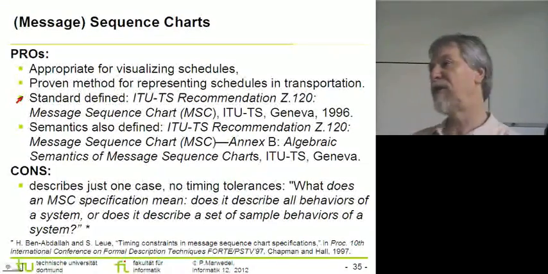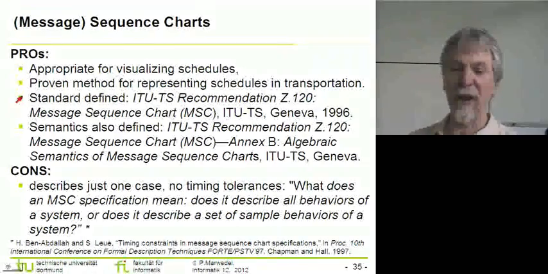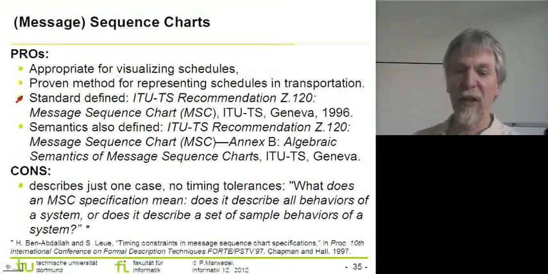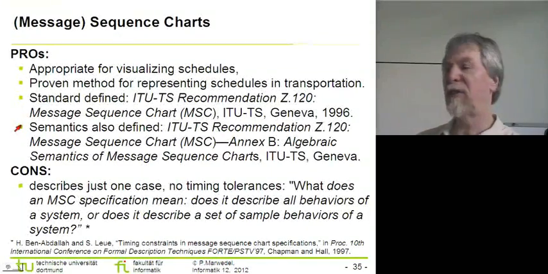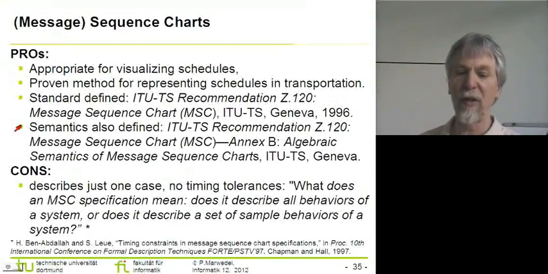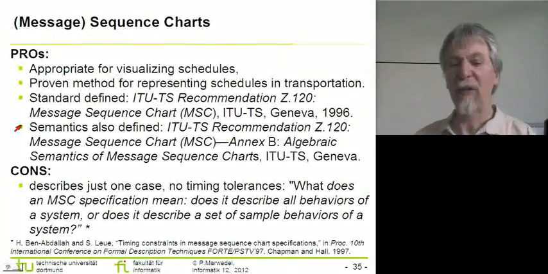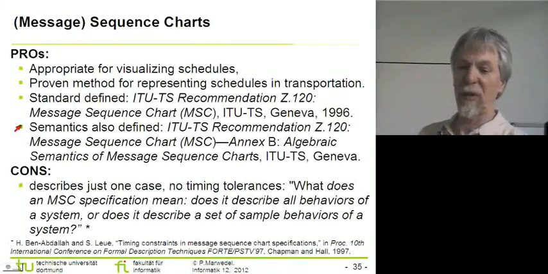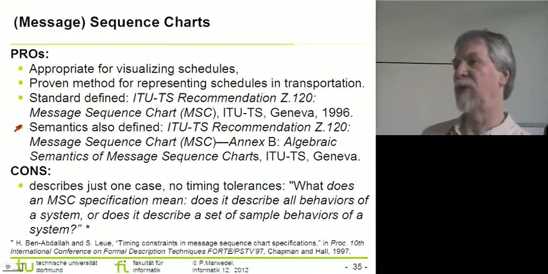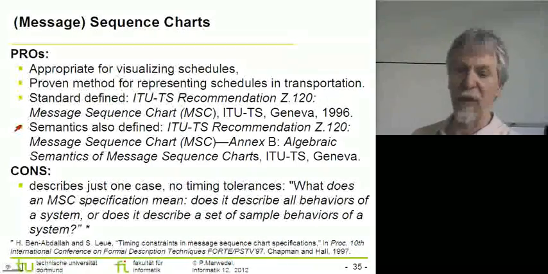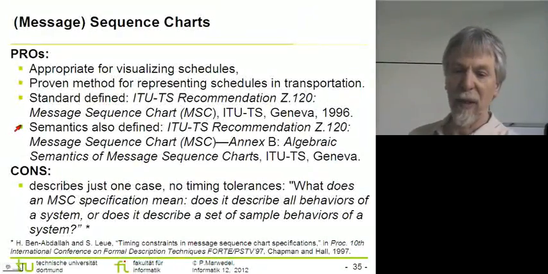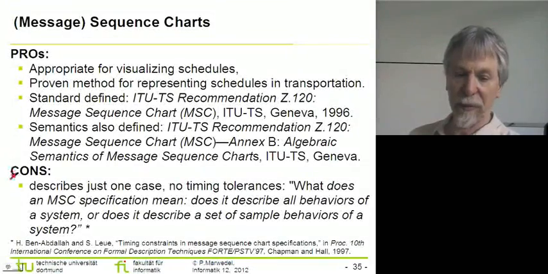Also, this way of describing systems is standardized. There is an ITU recommendation for message sequence charts. And also the semantics is defined, so if it's not immediately obvious what you mean by a certain graphical notation, you can look at the standard, and hopefully the standard will clarify the meaning of a certain graphical chart there.